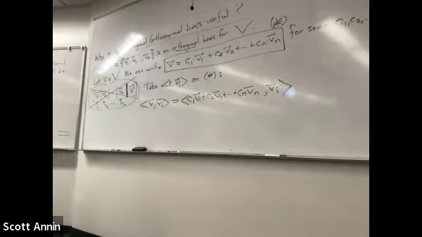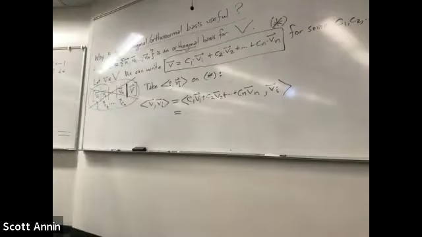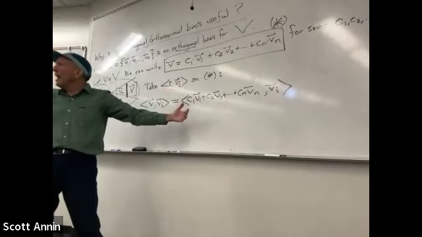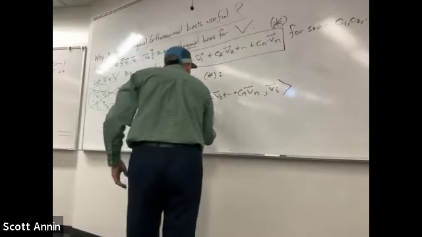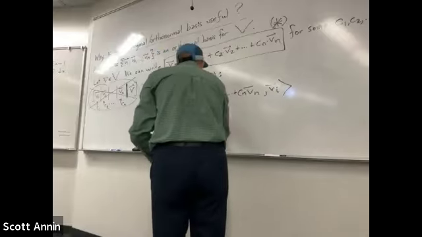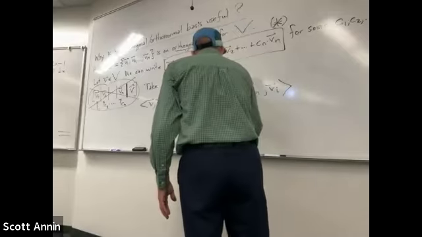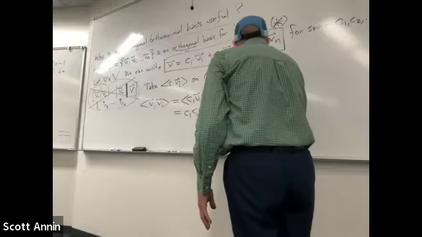We learned on Tuesday that inner products have nice properties. They respect addition and scalar multiplication. Remember the 4 axioms of an inner product? Using those axioms, I can split the right side out. I can write it as C1 times the inner product of V1 with Vi, plus C2 times the inner product of V2 with Vi, and so on.